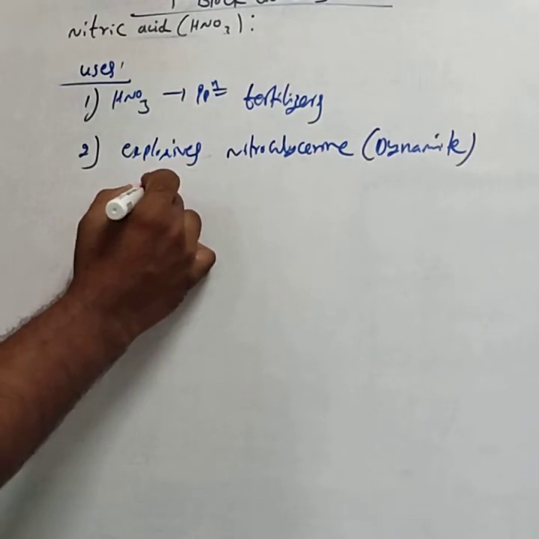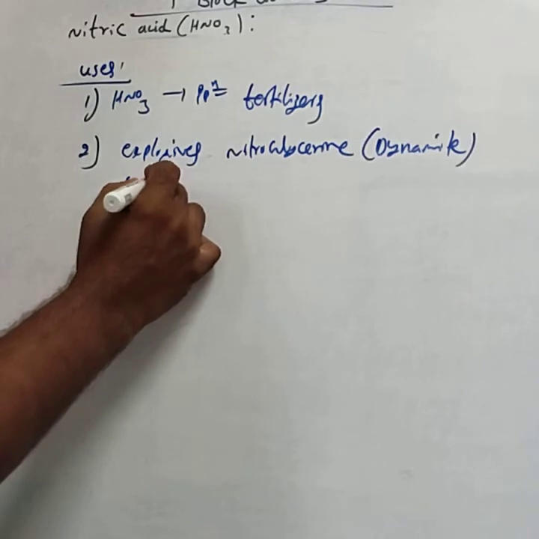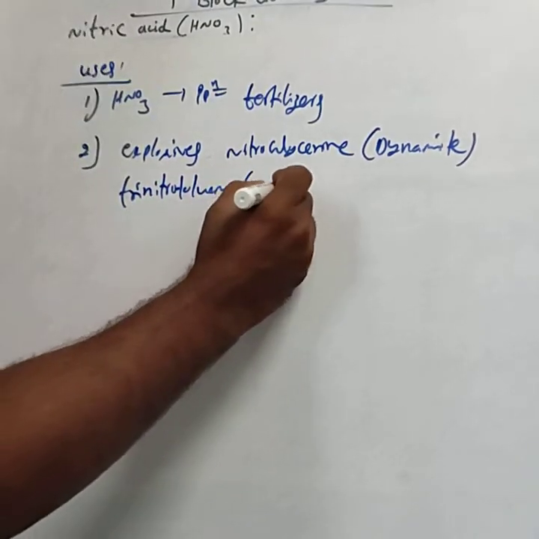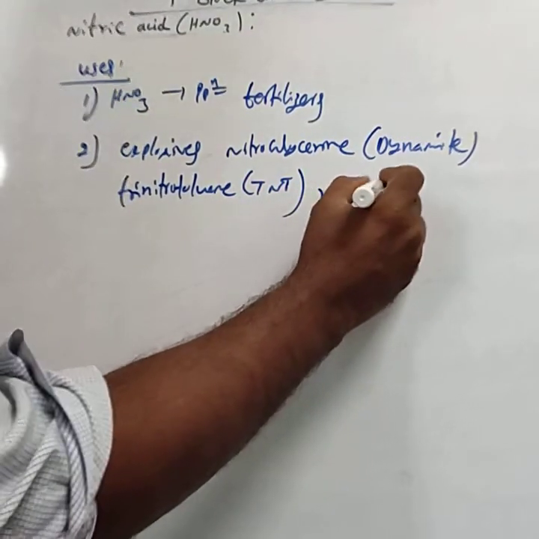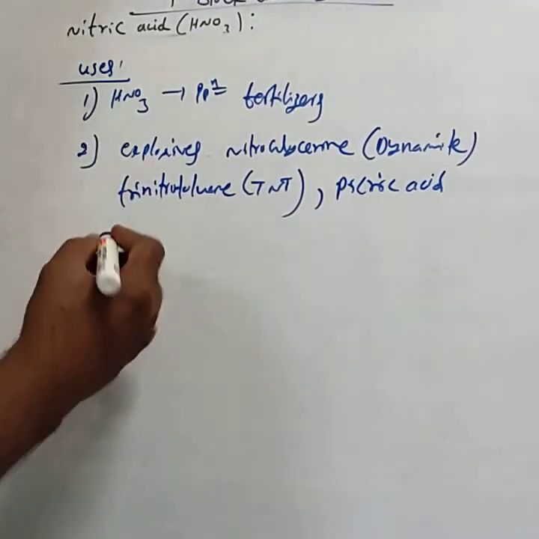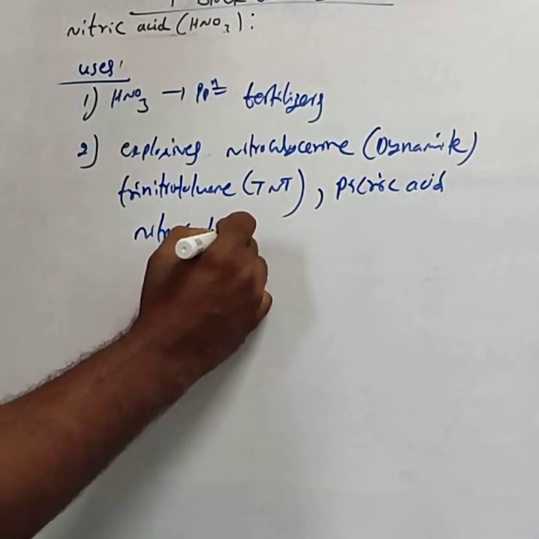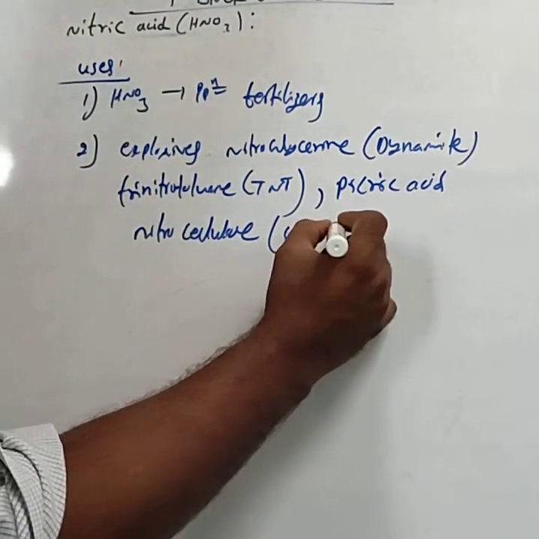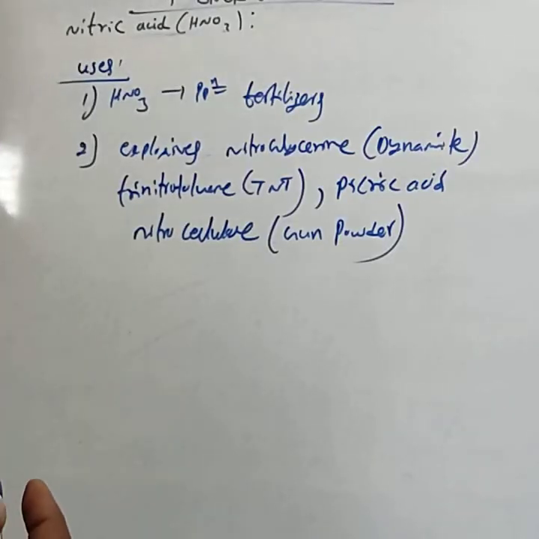Then trinitrotoluene, that is TNT. Then picric acid and nitrocellulose, commonly used in gunpowder. These are all used as explosives.